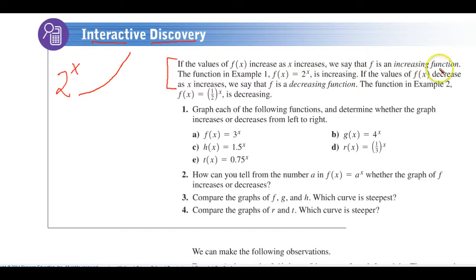It's an increasing function. If we have things like (1/2)^x, and as this goes up, our curve is actually decreasing. It's a decreasing function, as we see here.